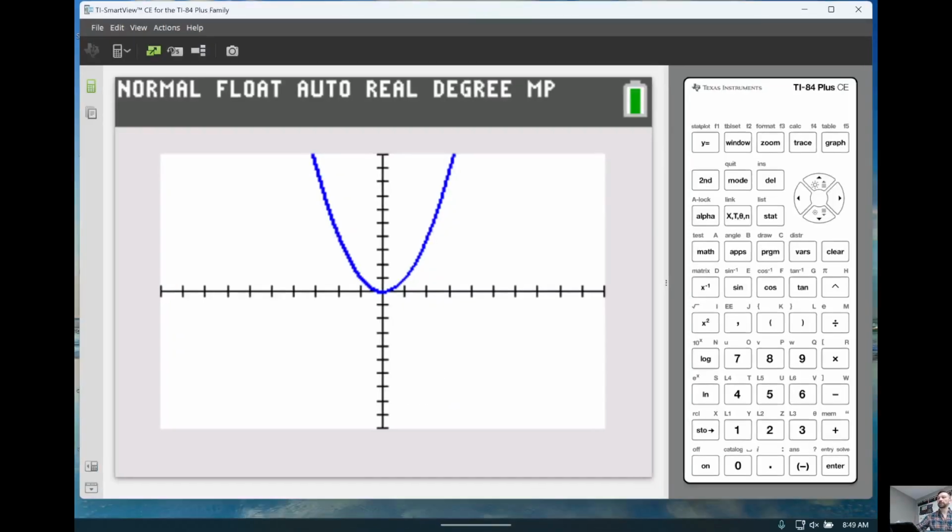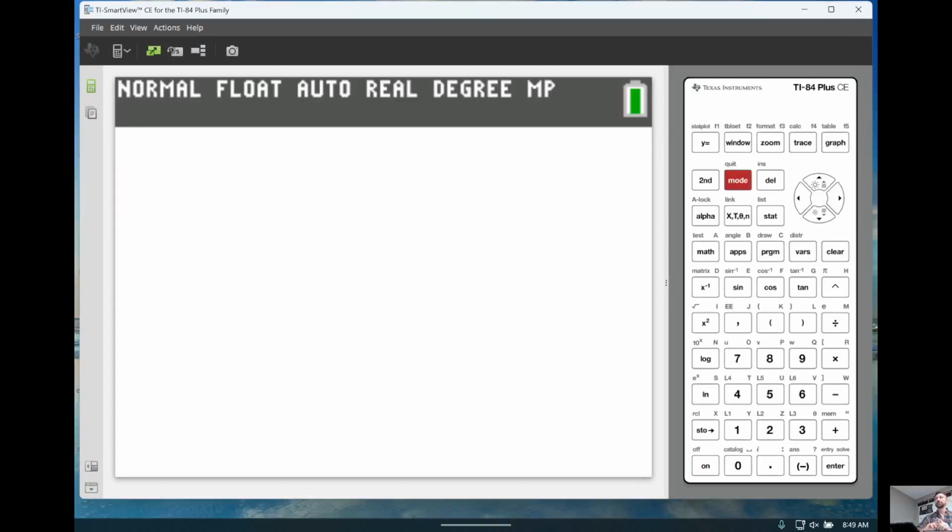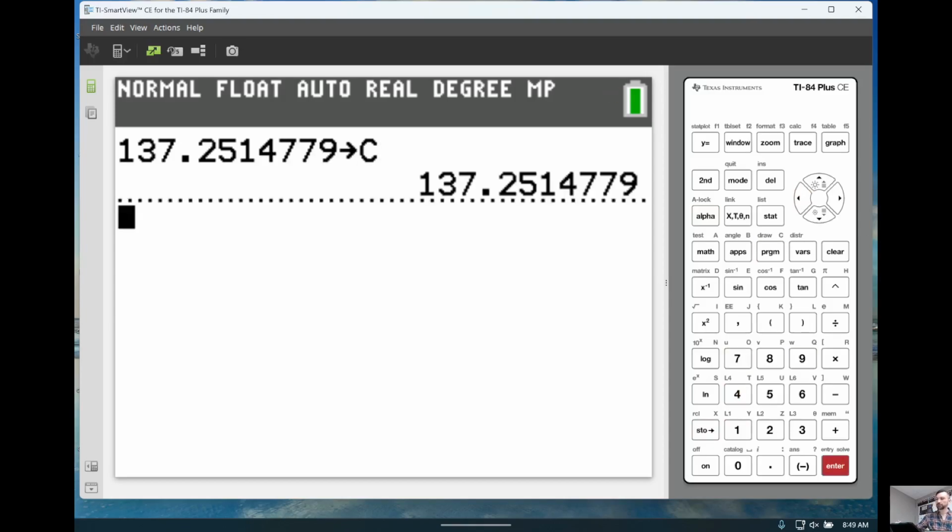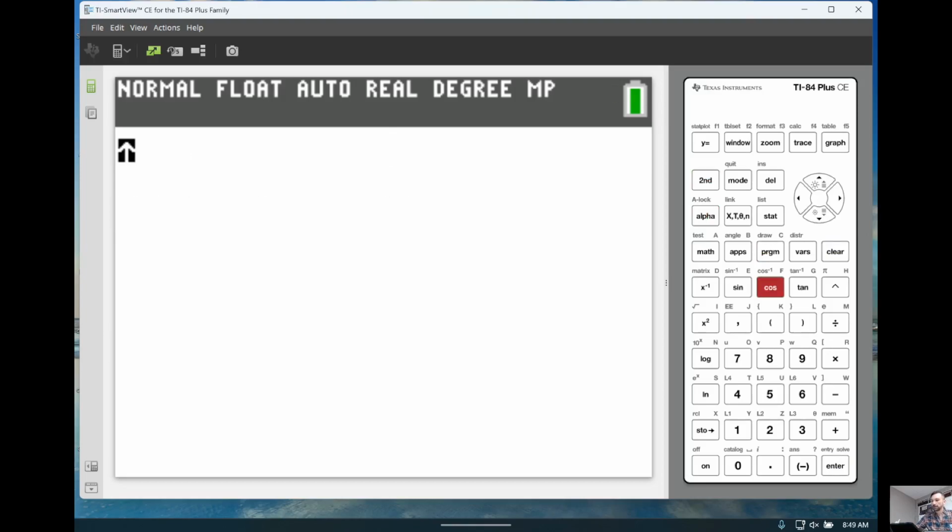Okay, what I mean by this is, and this is pretty much the only way you're going to miss a lot of cosine questions. If you type it in like this, well, hold on. I had stored that in for C on my calculator. Okay, a lot of you guys are going to do this.